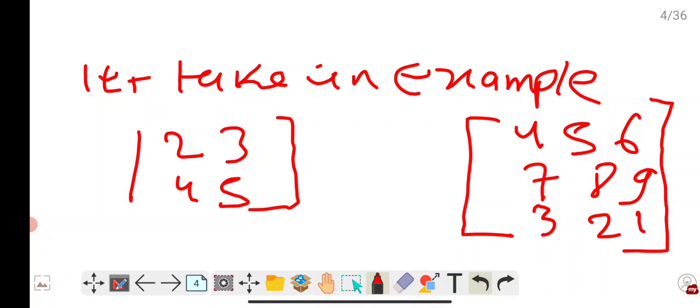It is of order 3 by 3. The other one is of order 2 by 2.